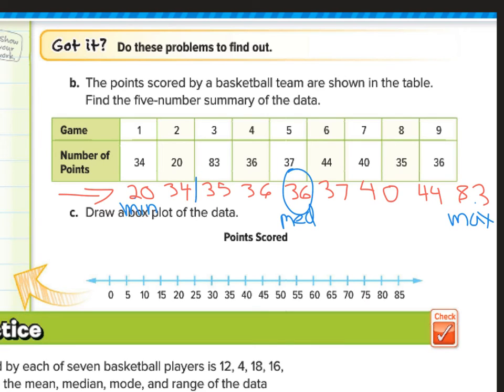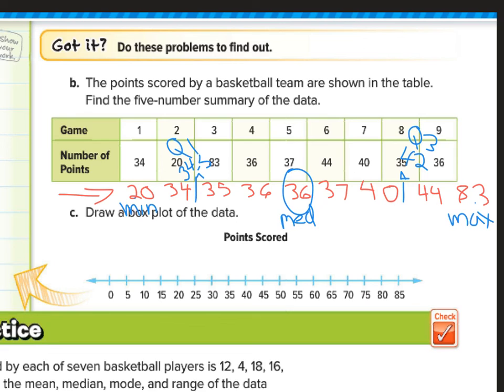Sorry for the mess, I don't have a lot of room to write in, but I will write 34.5 is my quartile 1, and over here it's between 40 and 44, which would be 42 is my quartile 3, right? I'm doing this to help you make sense of the information. I hope you got this: your minimum 20, your first quartile 34.5, your median 36, your third quartile 42, with the maximum of 83.